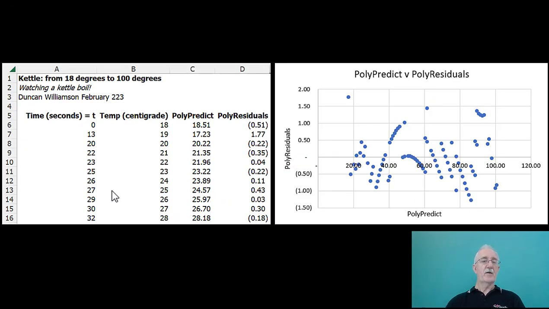But as we motor along, 24, 23.89, 25, 24.57, and you can see the residuals. If you plot the residuals against your predictions, look at what you get. Nonlinear, and another nonlinear element. Are they linear elements, or is it a continuation of this, a continuation of this? But it's not randomly drawn as we always expect with residuals from regression equations.